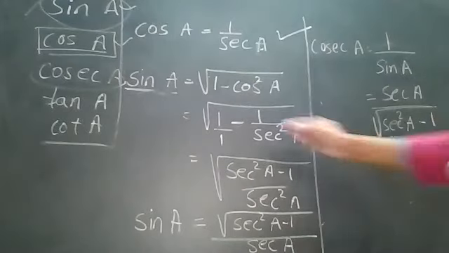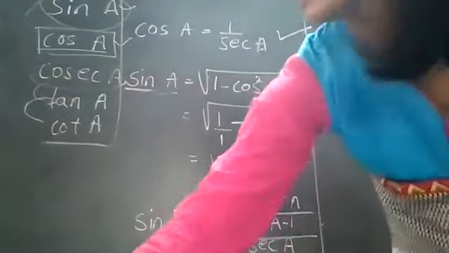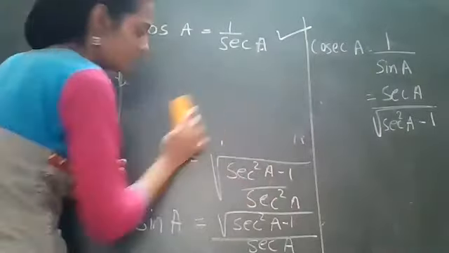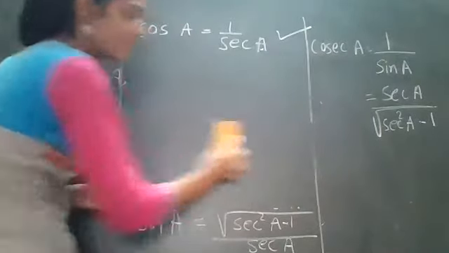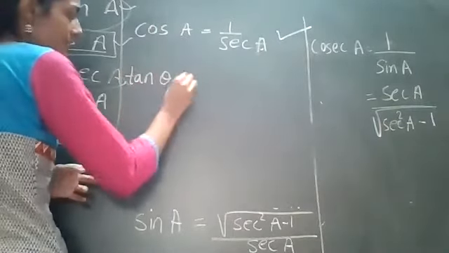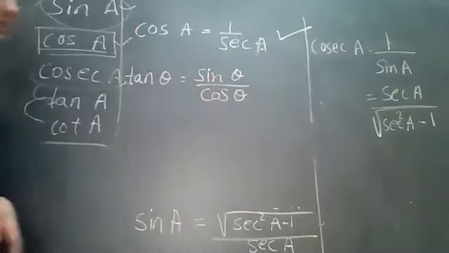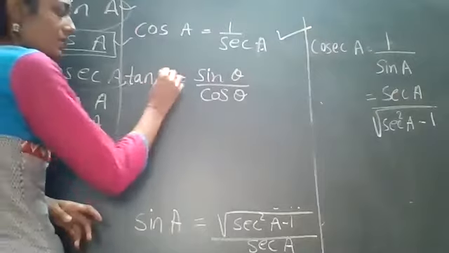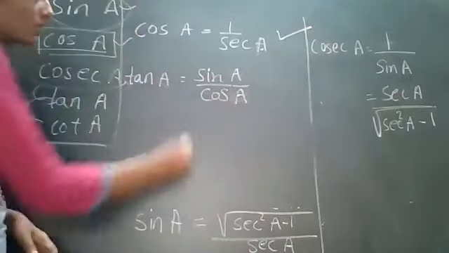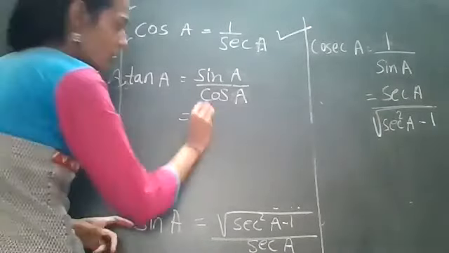Okay. Now what do we have to find? We are just left with sine theta, tan theta and cot theta, right? I am erasing this much part only, because tan theta is equal to what? As we know, tan theta is equal to sine theta upon cos theta, right or not? So here we put tan A is equal to sine A upon cos A. What is the value of sine A?